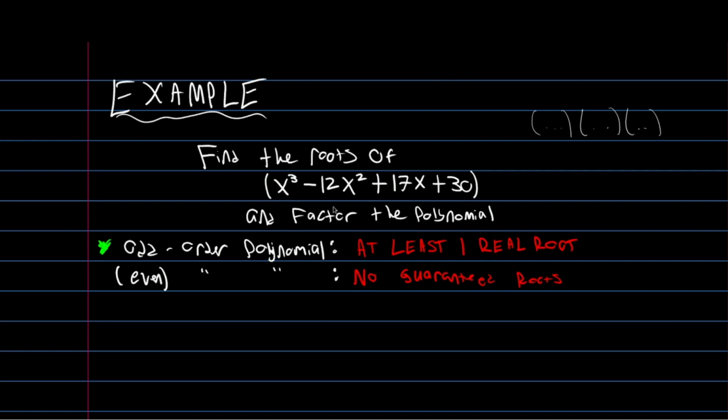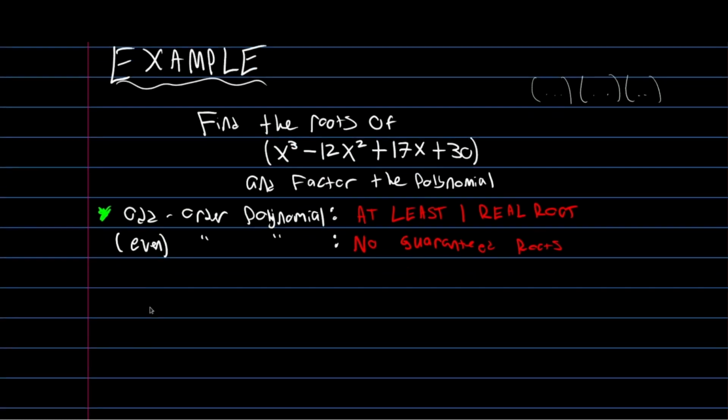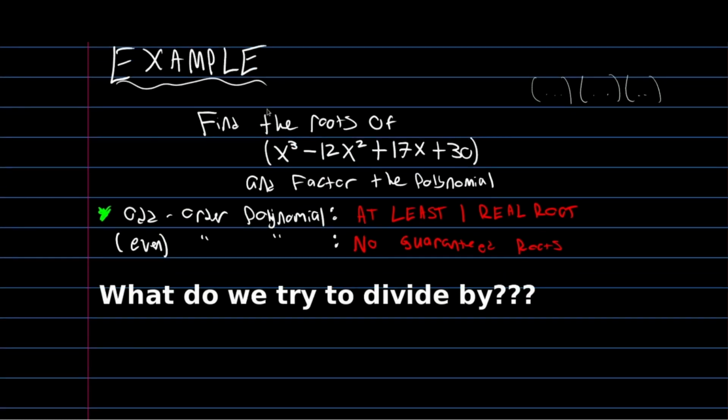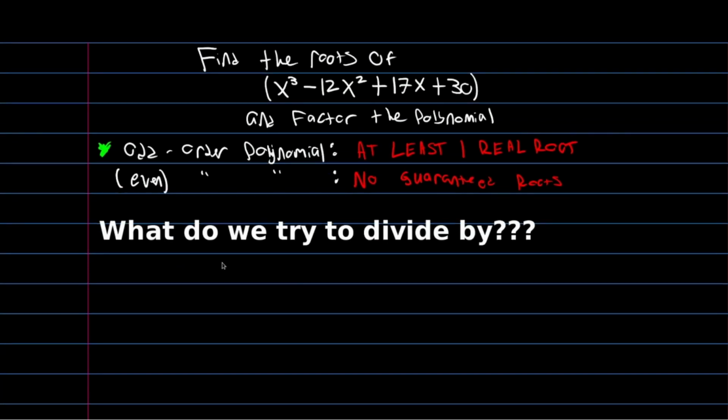So how do we determine which root to start with? How do we determine what our initial guess is for a root? There's a few schools of thought on what we should try to divide by. But in general, you'll want to make sure that it is a root of the polynomial by plugging it in. We can take this 30, and we know that for the general form of a polynomial, we're going to have x plus a, x plus b, x plus c.